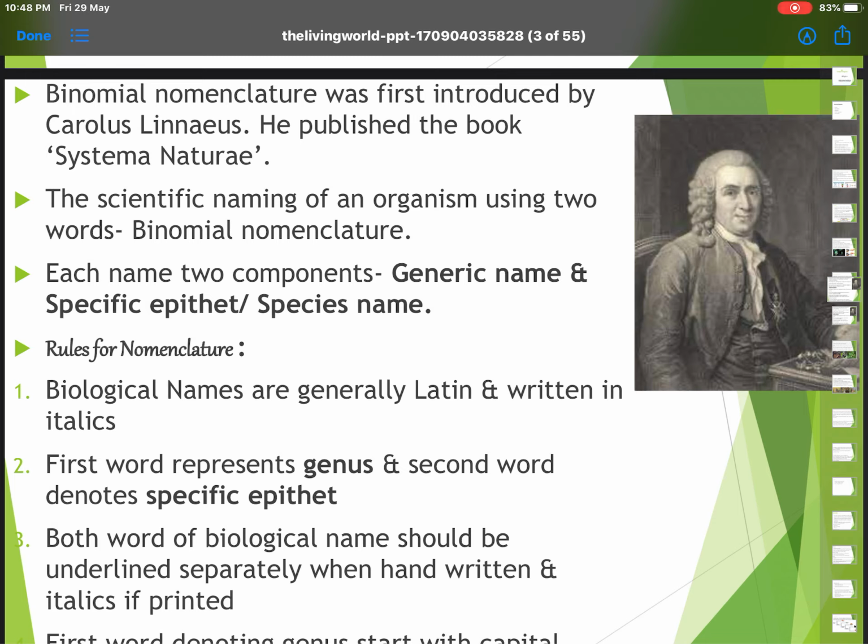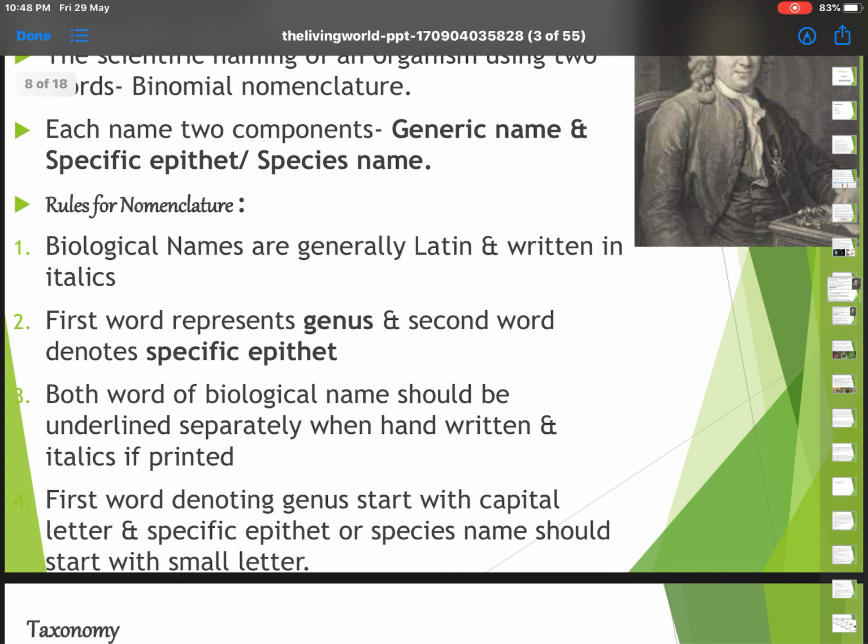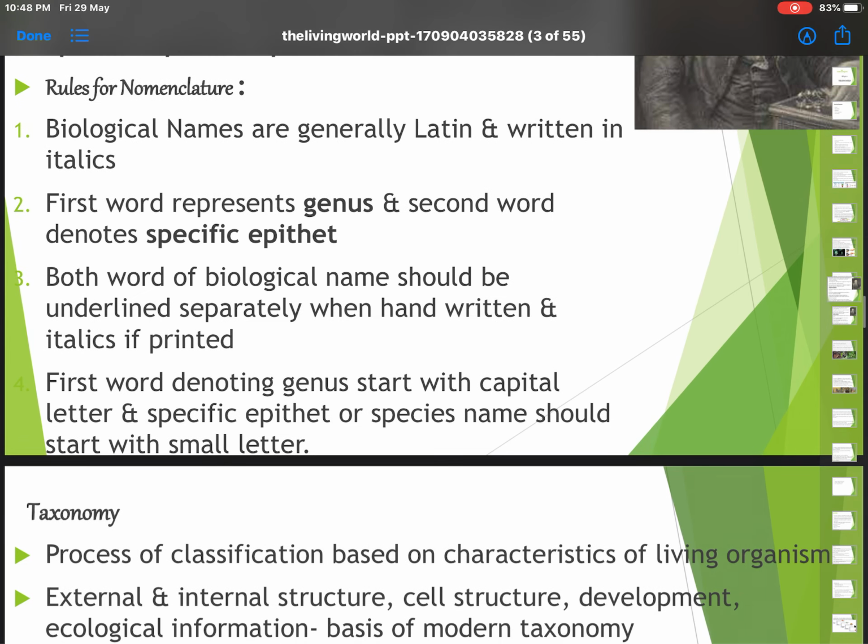When we give these two words, there are some rules to be followed. Since biological names are in Latin, they are written in italics, so the first word represents a genus and the second word represents the species. Both words of a biological name should be underlined separately when handwritten, and italics are used when printed.